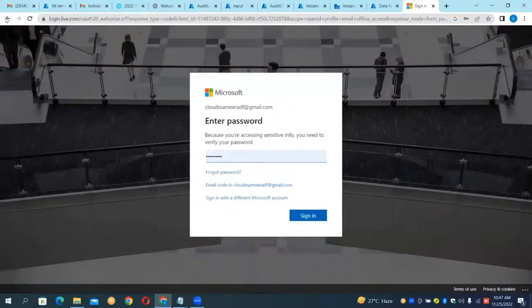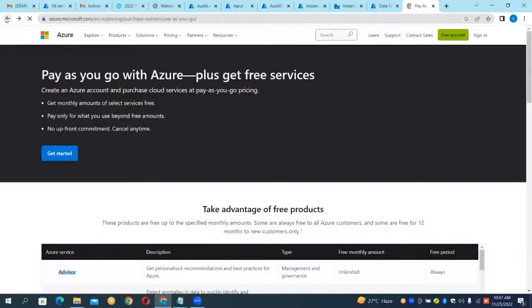If you click on get started, it will ask you for some details, that is your mail ID, etc. Once you enter everything, finally it will ask you for the credit card. If you provide the credit card, it will deduct 2 rupees from your credit card, guys.